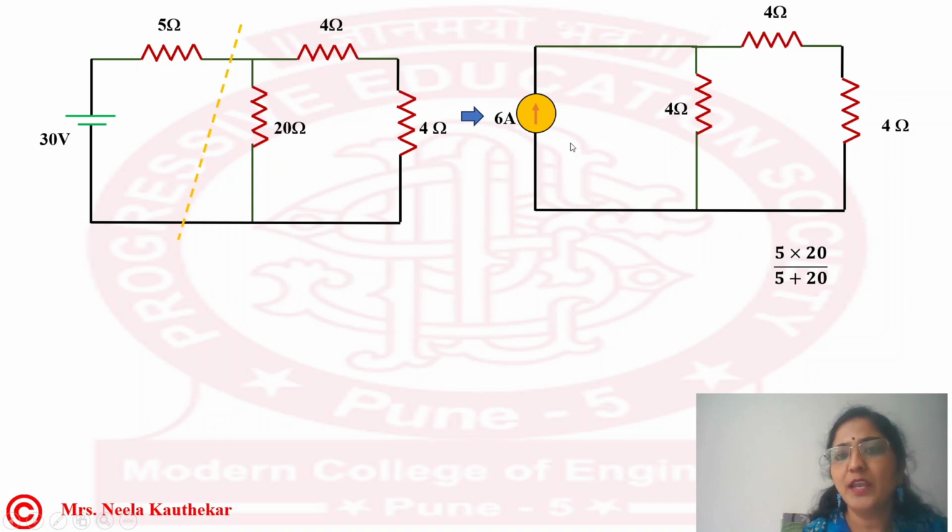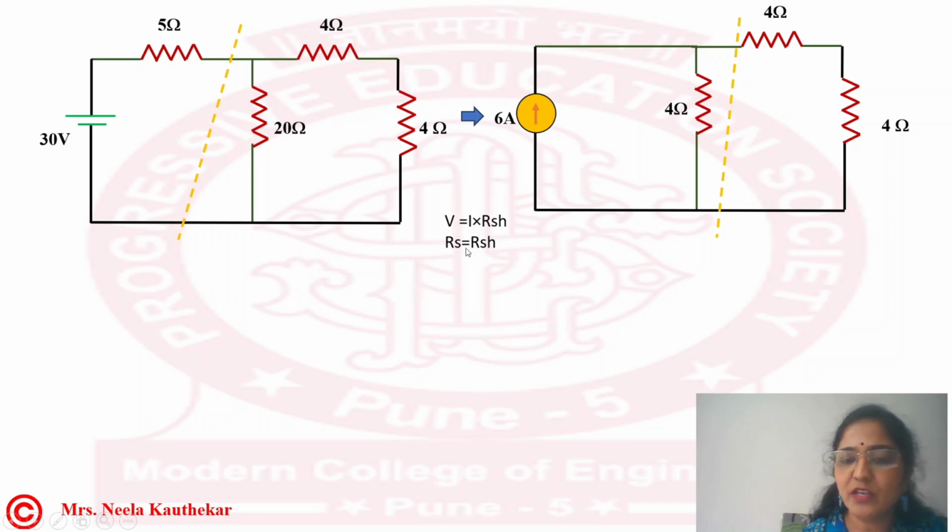Now here if you observe, you can see a current source in parallel with a 4 ohm resistance, that is I and RSH. Now you can convert these to a voltage source. How? V is equal to I into RSH and RS is equal to RSH.